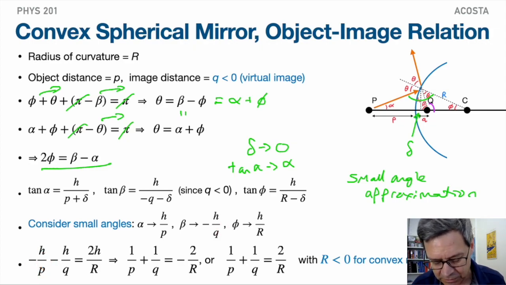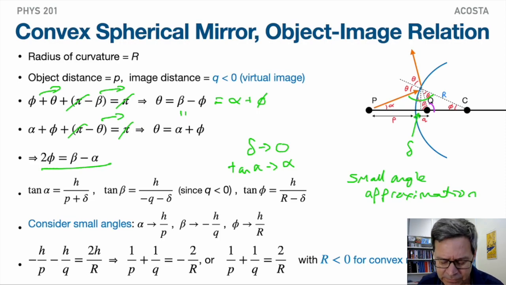I also have the minus alpha, so what was alpha? Alpha is h over p, so I have the minus h over p. So I wrote this as the other way around, minus alpha plus beta, but okay, you get the idea. Minus h over p minus h over q is beta minus alpha. And that has to equal twice phi. Phi is h over r, so that's 2h over r.